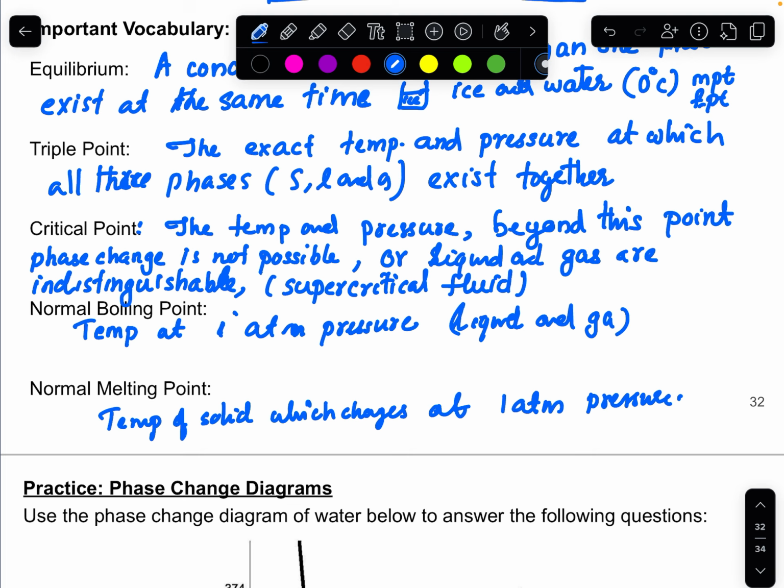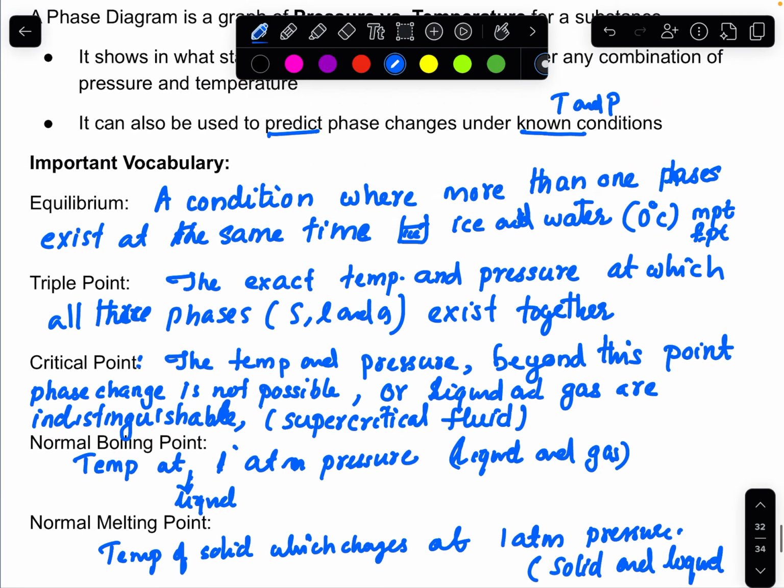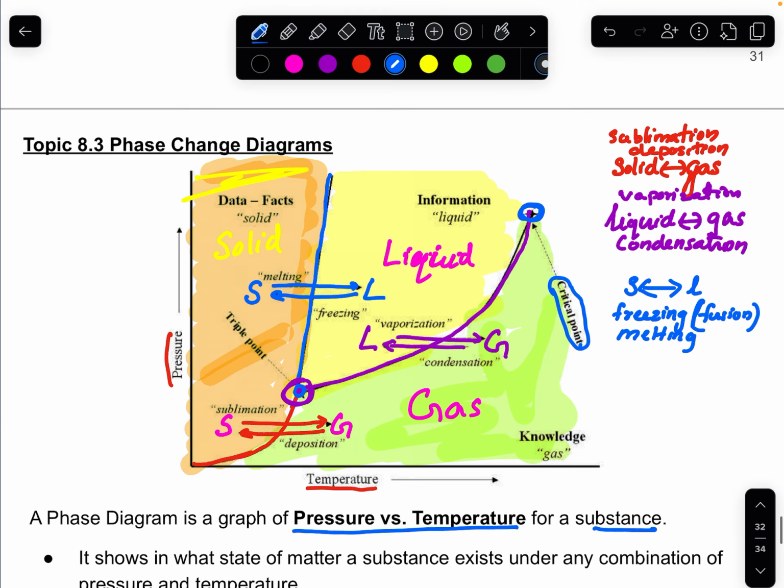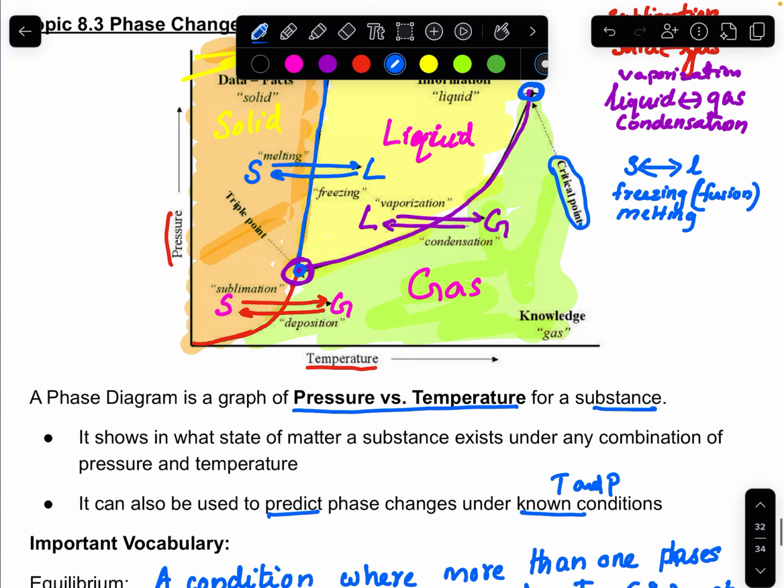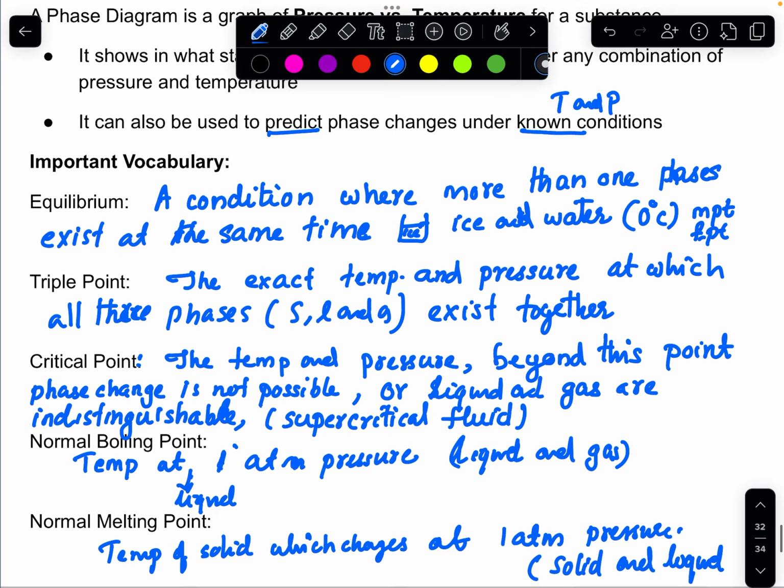Okay, this is based on vapor pressure. We are saying here temperature of a liquid at 1 atm pressure. Okay, that is the temperature needed. So here there is an equilibrium between what and what? Solid and liquid. Okay, so those are the basic understanding, like explanation for a phase diagram.